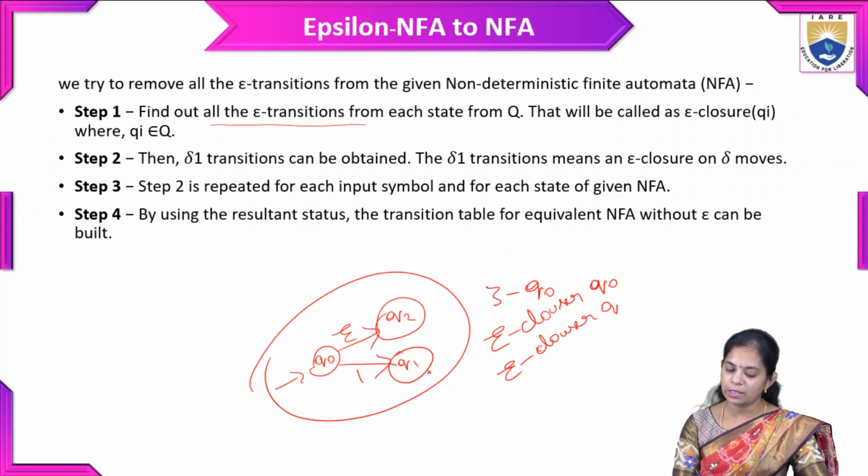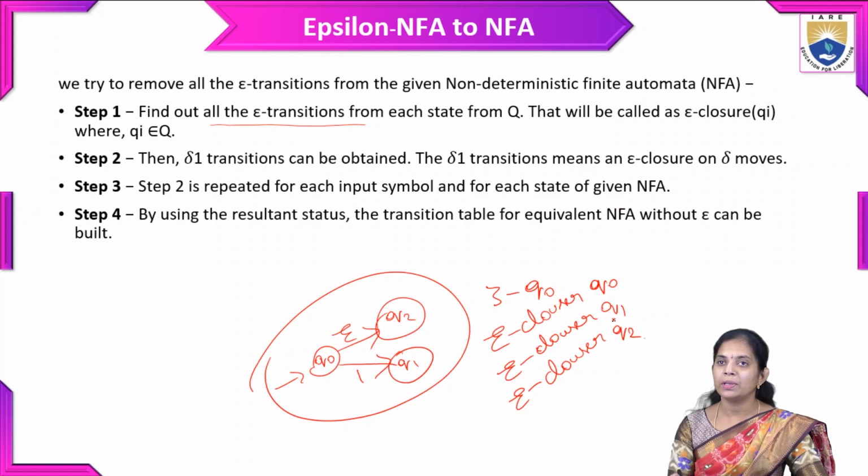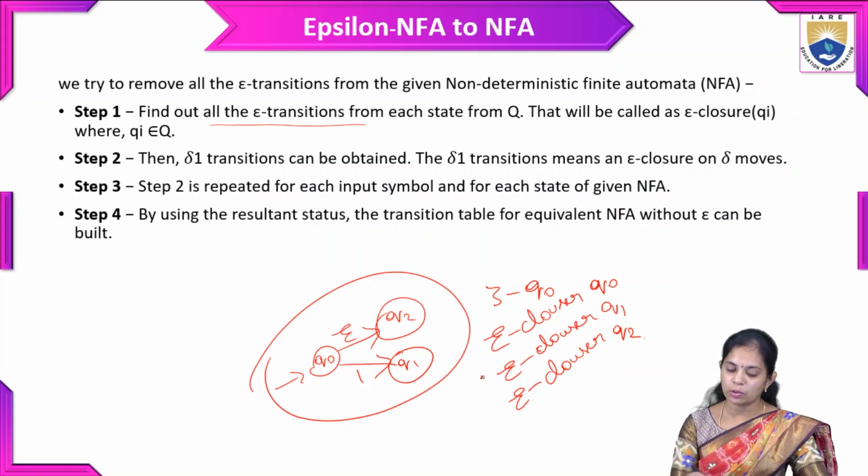Here we have 3 states, and for every state we write the epsilon closure. So how to write this epsilon closure?